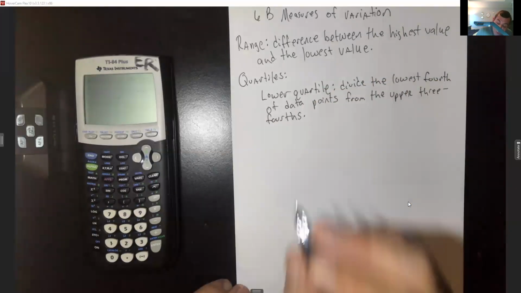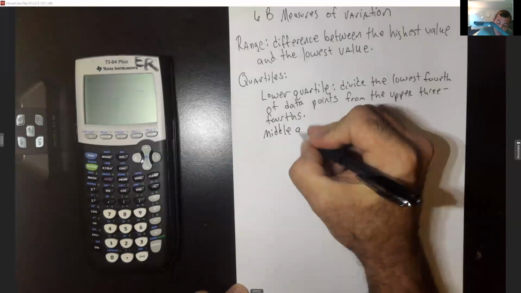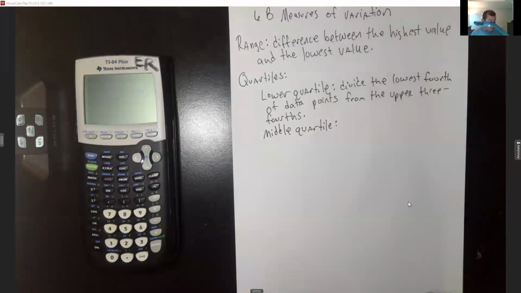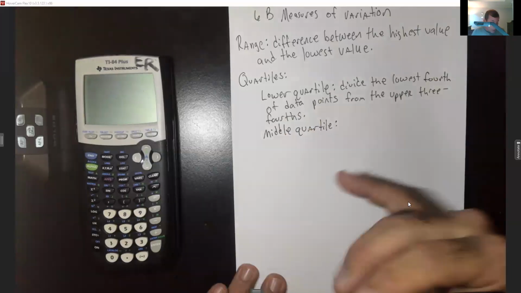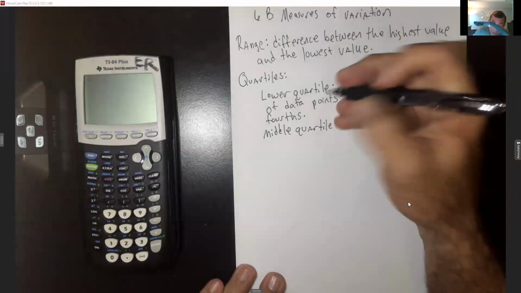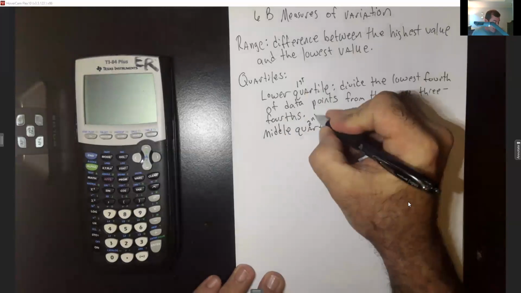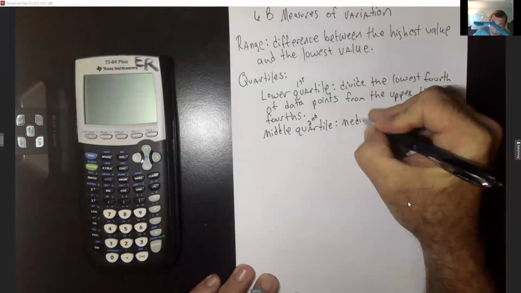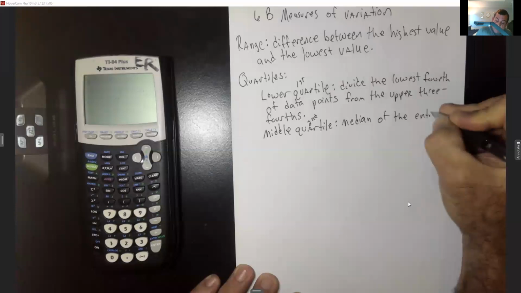Now, we got a middle quartile. And y'all, these will make more sense when we start drawing a box plot of this data. But the middle quartile, which can also be called the second quartile, just like the lower quartile can be called the first quartile, is the median of the entire data set.